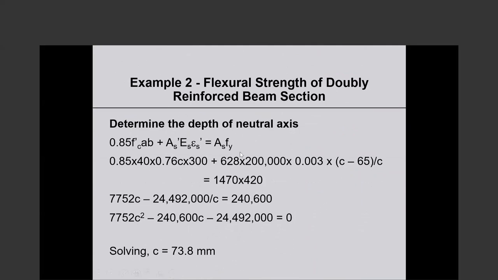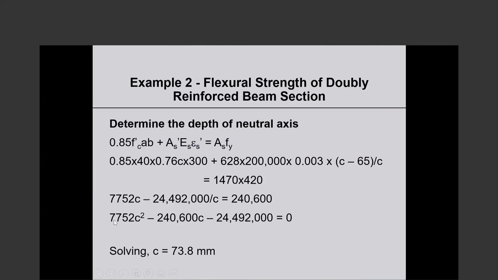Now the force equilibrium equation: compression force in the concrete plus compression force in the compression reinforcement equals tensile force in the tension reinforcement. We put all the numbers in. You notice that we write a equal to 0.76 of c, so that everything is in terms of c.